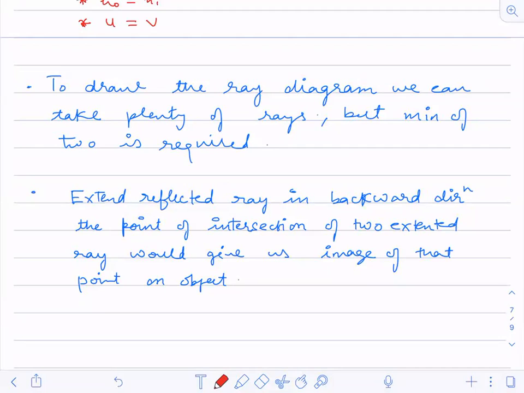And what is the procedure of getting the image? You have to extend the reflected ray. You have to extend the reflected ray only, and wherever you get the intersection of the reflected rays. Actually the main point is that you don't have to extend always. Understood?